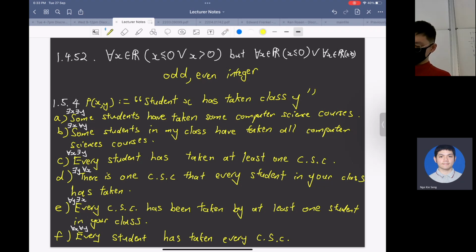Can someone read the question for me? What's the question for 1.4.52?